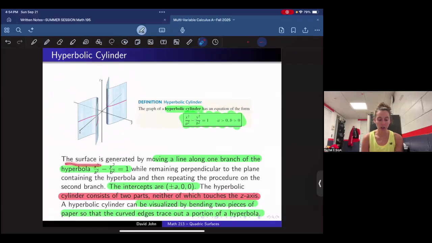The surface is generated by moving a line along one branch of the hyperbola while remaining perpendicular to the plane containing the hyperbola, and then repeating the same procedure on that second branch. We have our intercepts plus or minus a, 0, 0. The hyperbolic cylinder consists of two parts. Neither of them are touching that z-axis, and it can be visualized by bending two pieces of paper so that the curved edges trace out a portion of a hyperbola.